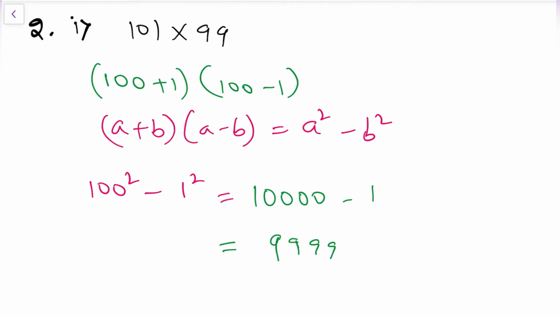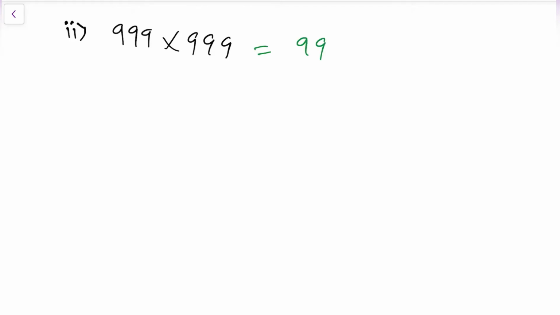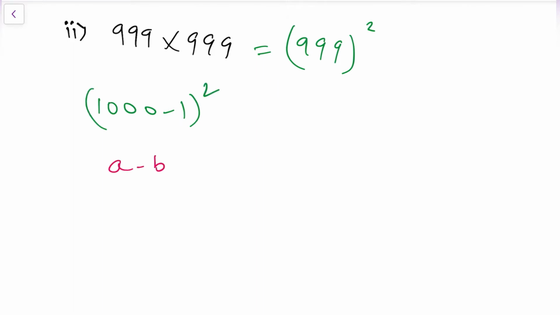Next, second question. 999 into 999. Here 999 into 999 can be written as 999 square. So then this 999 can be written as 1000 minus 1 whole square. 1000 minus 1 whole square is in the form of a minus b whole square.